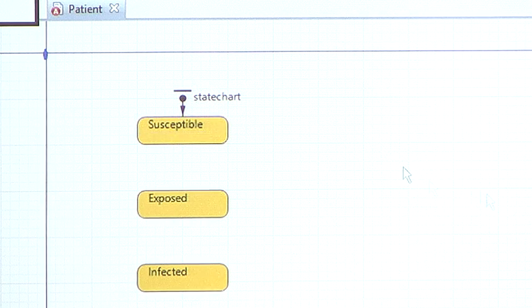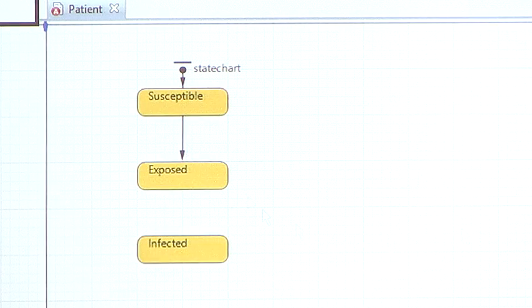Initially, everybody is susceptible. These are the two transitions. Transition from susceptible to exposed: the only reason is that someone infects you.